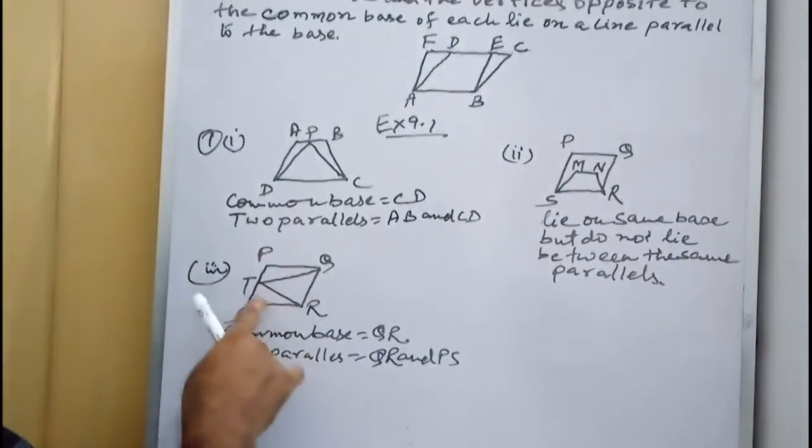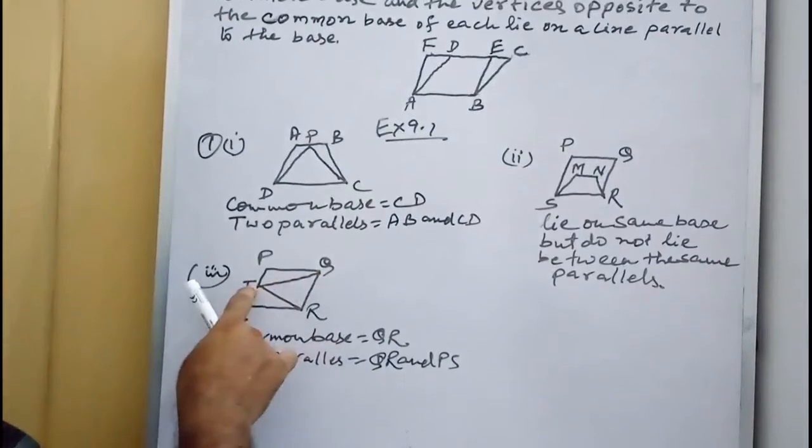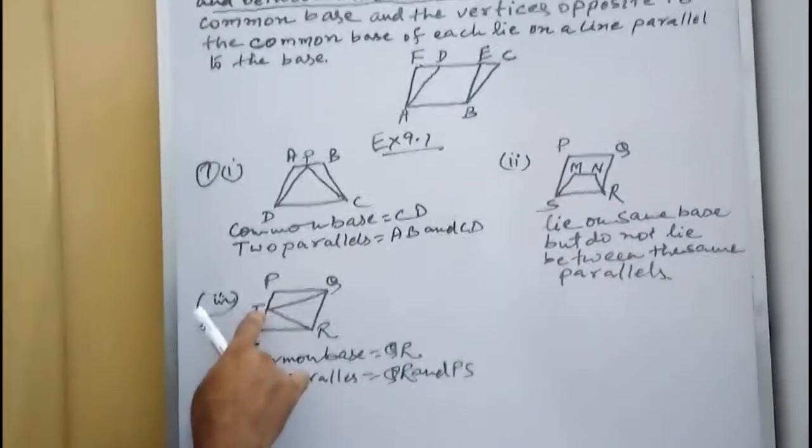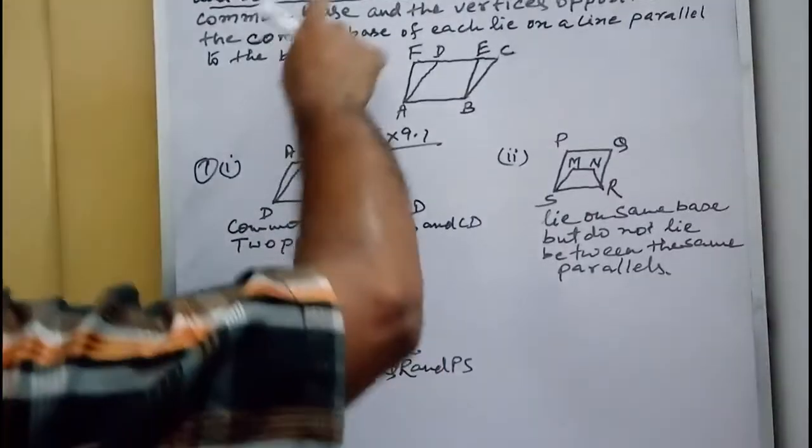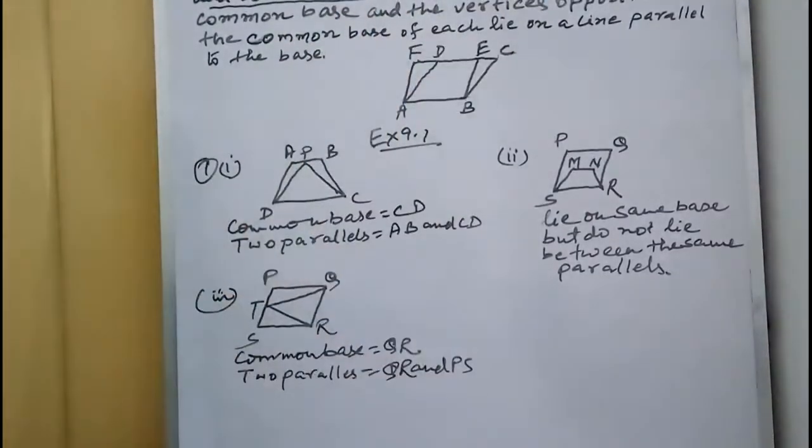Between these two lies the triangle, whose vertex lies on the parallel line. So this figure follows that rule.